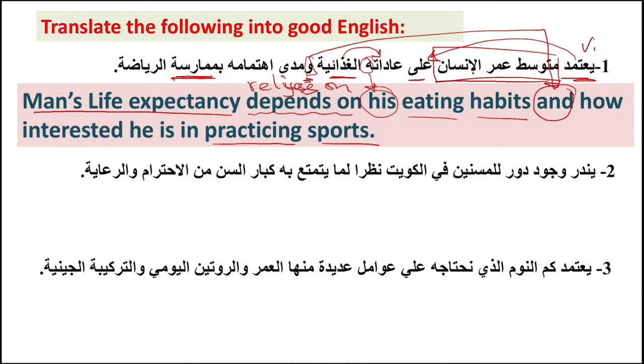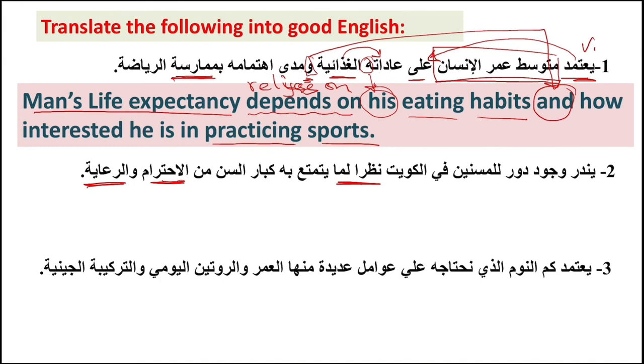Let's do the second example here. يندر وجود دور مسنين في الكويت. All right. نظرا لي, so نظرا لي here أو لما يتمتع به كبار السن من الاحترام والرعاية. So here we can say that الاحترام is respect, and الرعاية we can say care, so respect and care.